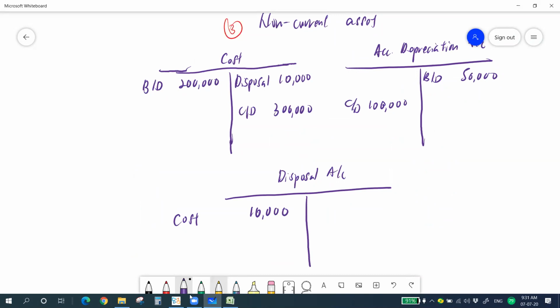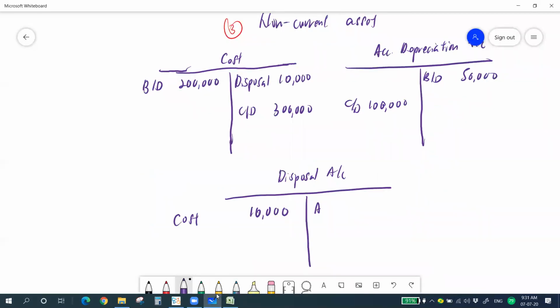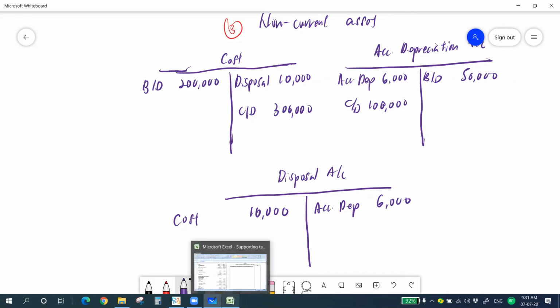Next, it says that the accumulated depreciation is 6 million, right? So when come to here, we will have accumulated depreciation 6 million on the credit side, and then this amount will appear at the debit side. So we have basically recorded the cost and accumulated depreciation for the disposed asset.